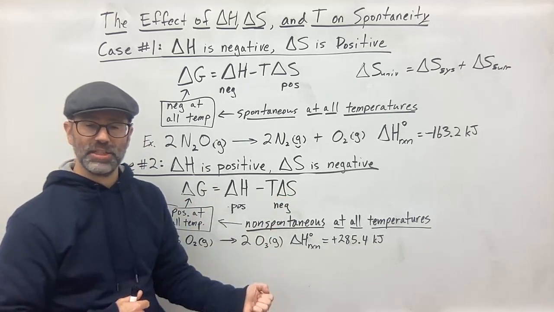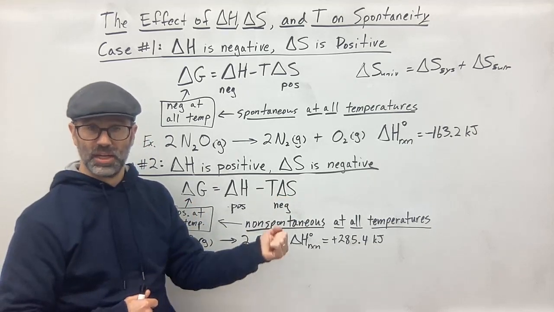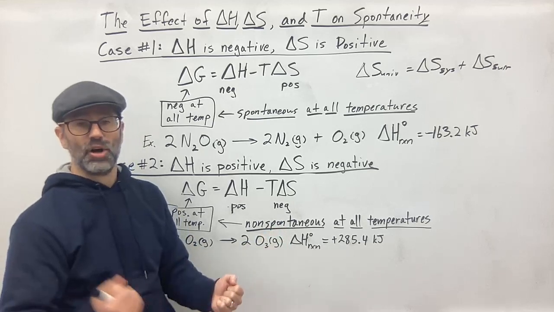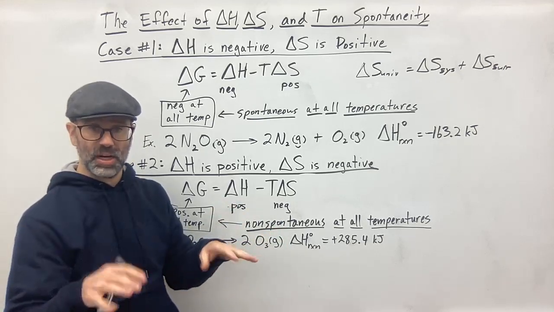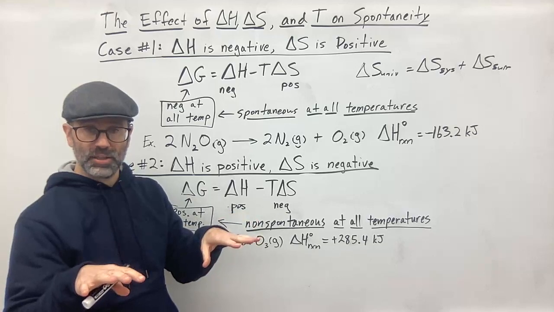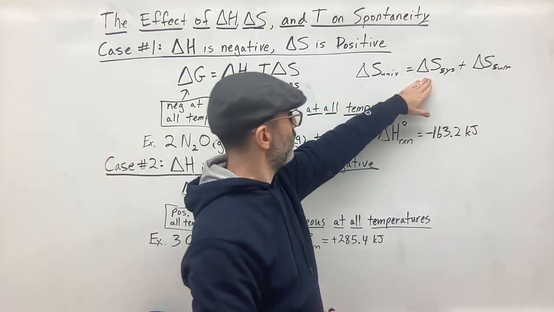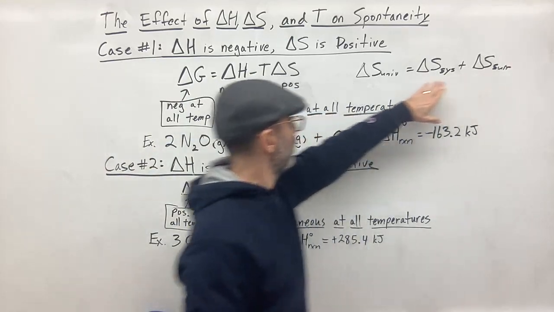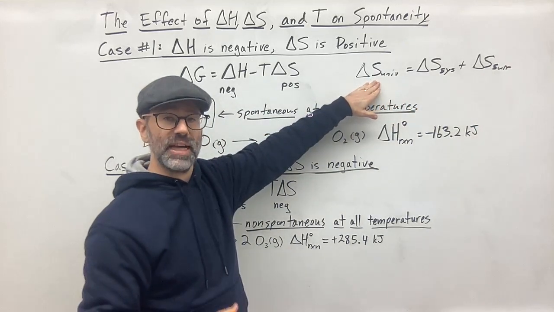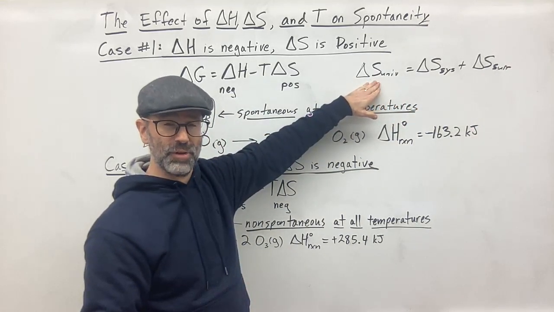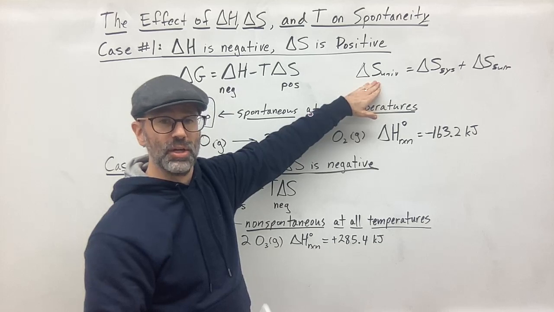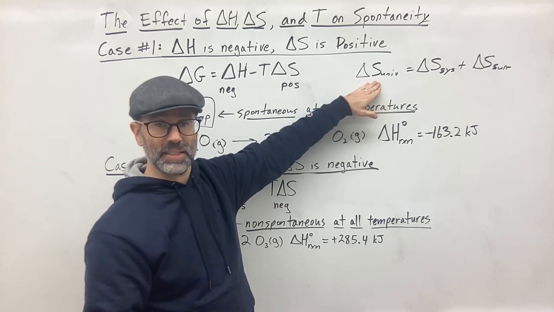If you're decreasing the entropy of the system, and you're also decreasing the entropy of the surroundings, given that this is negative and this is negative, then the change in the entropy of the universe is negative, which is not favorable to a spontaneous reaction.